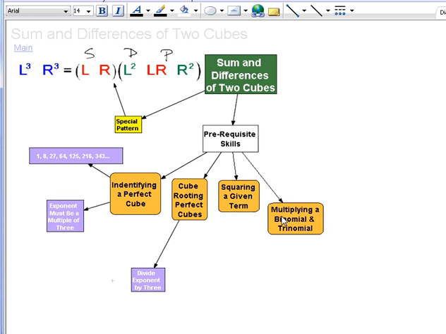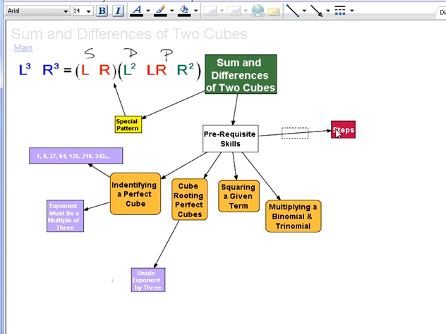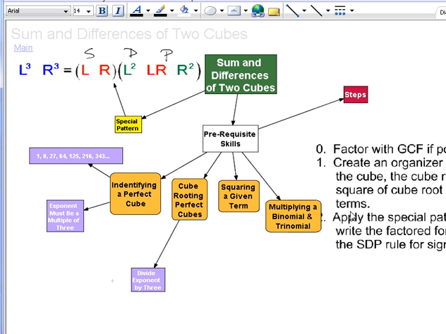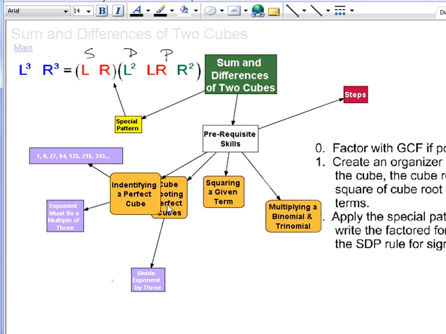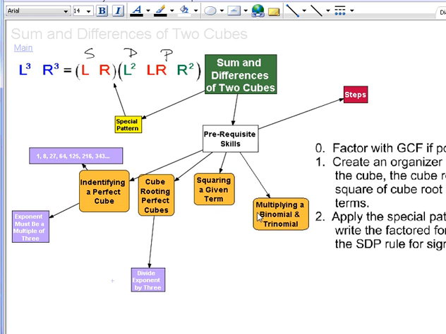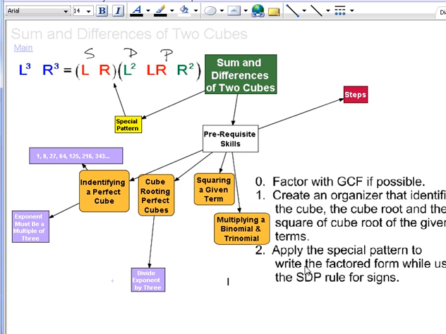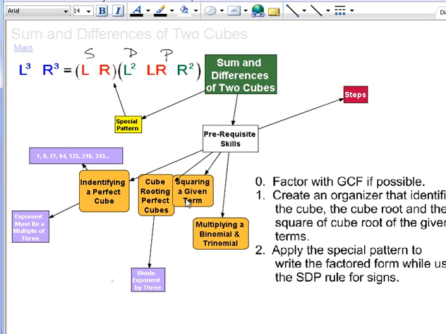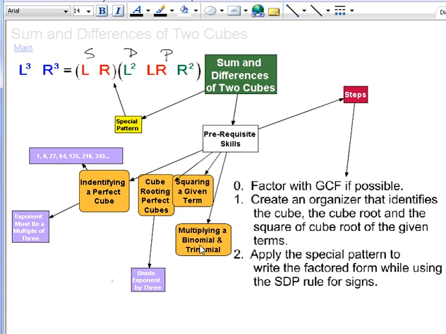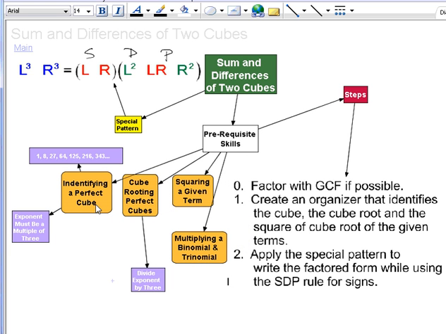Okay? Now if I could just kind of fit these steps in. These steps are important. Okay? Sort of making space here. These steps state that we should factor with GCF if possible.